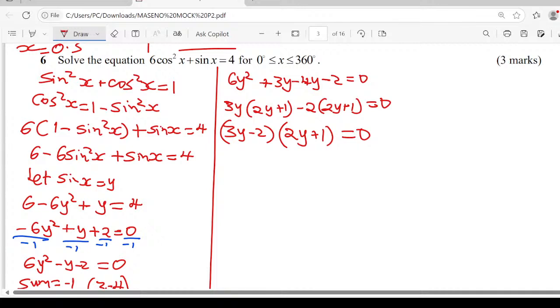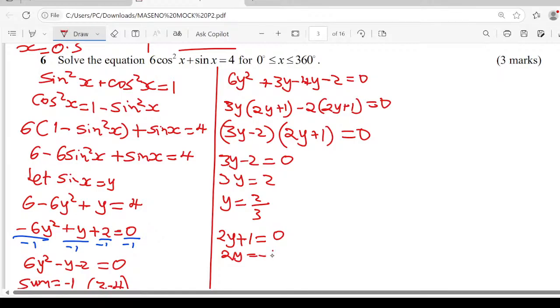So in the first case, y will be equivalent to 2 over 3. In the next case, where I'm having 2y plus 1 being equal to 0, so 2y will be equal to negative 1.